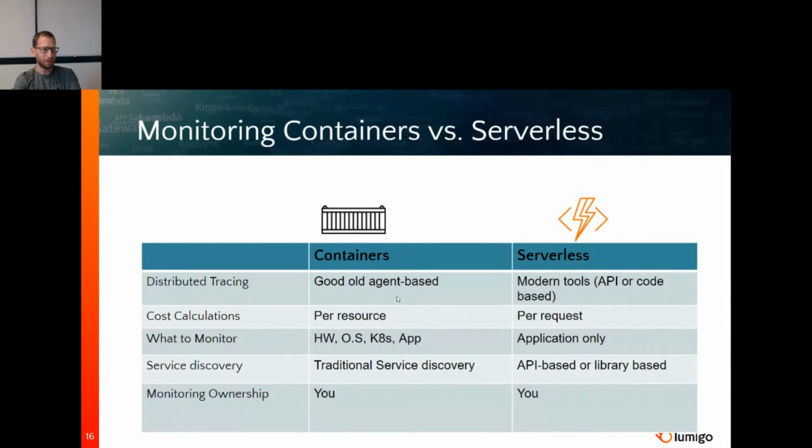In the container world, this can be agent-based, code-based, whatever you decide, either manual or through different tools. I want to mention here again, you can implement this on your own.